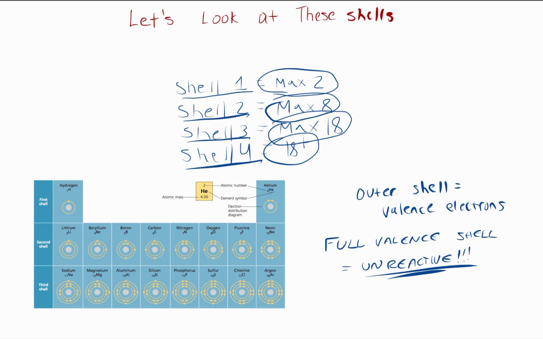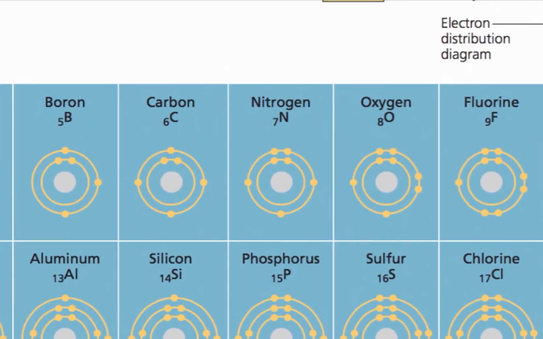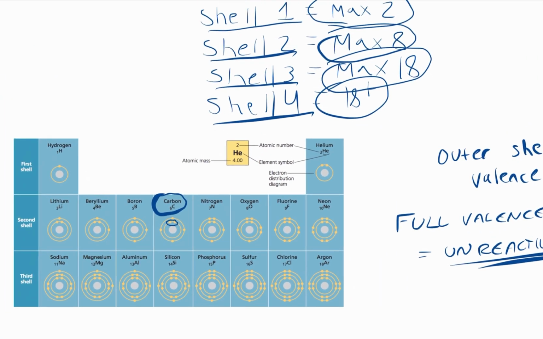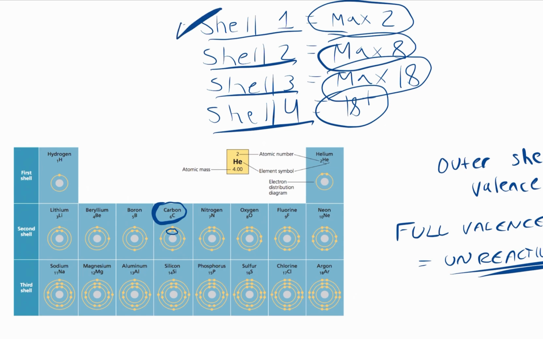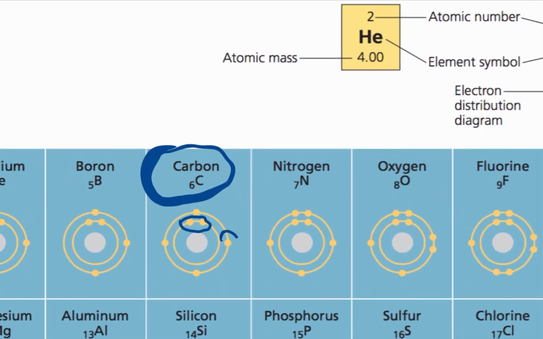Let me blow up one of these. Let's go to carbon. Carbon has 2 shells, where the first shell holds 2, because in shell 1 we can hold a maximum of 2. And in the second shell it has 1, 2, 3, 4 electrons.